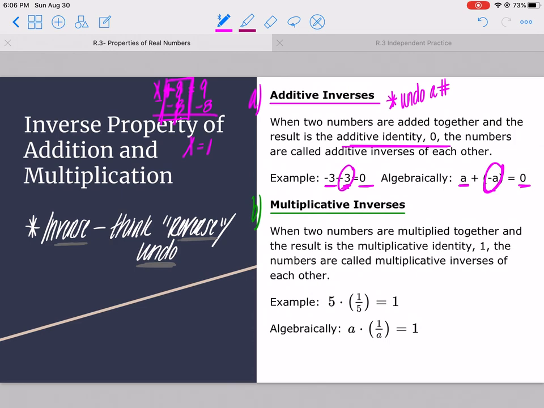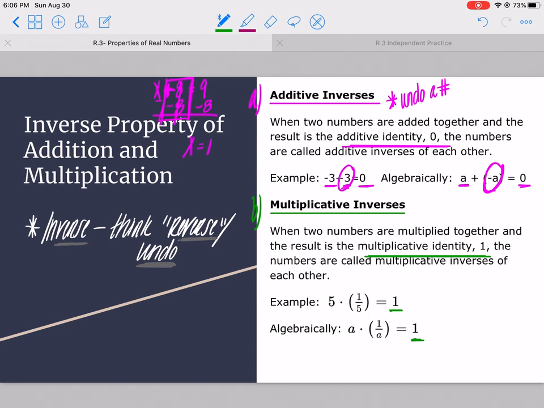And then the multiplicative inverse is what number you have to multiply by to get the multiplicative identity. So we said the multiplicative identity is 1. The additive identity is 0. The multiplicative identity is 1.